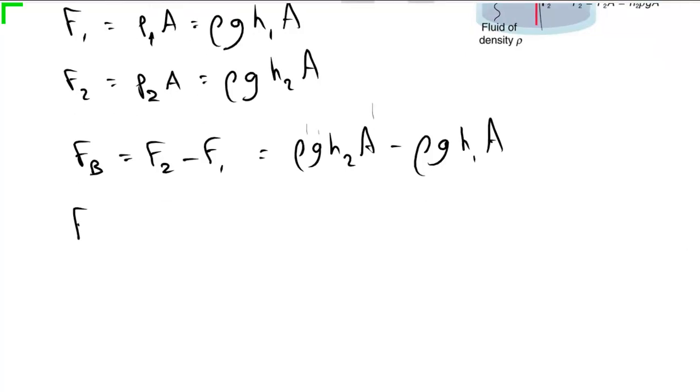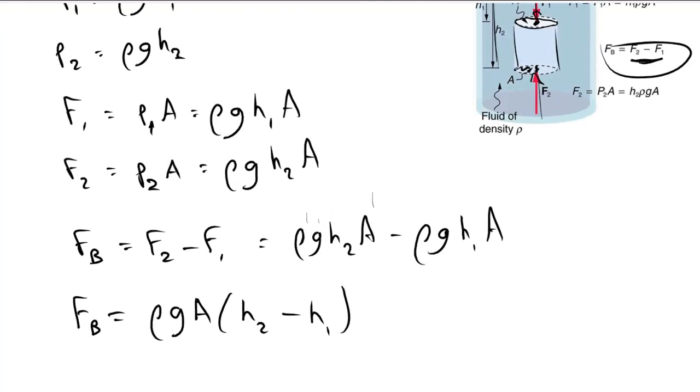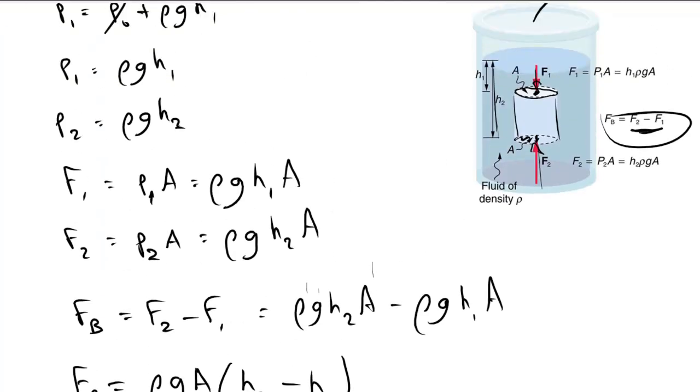So the buoyant force is going to be, factoring this out, density times gravity times area times height 2 minus height 1, or depth 2 minus depth 1. And if we look at this, this would be H2 minus H1.